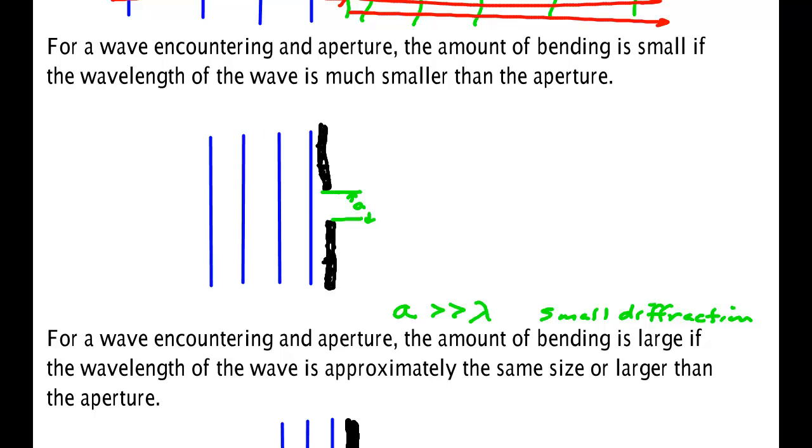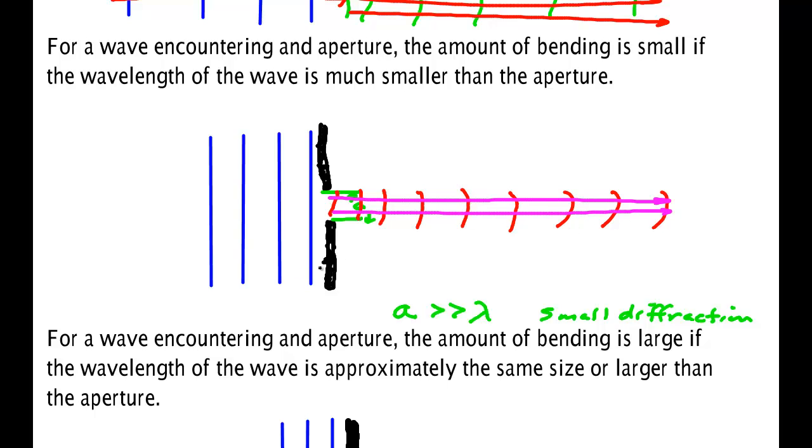So it's kind of like the wave just continues like maybe you would have thought it would have. Mostly it's just the original wave, but there is some small spreading. So the wave largely just continues, and this part of the wave is simply eliminated. So it's almost as if the wave just continued like that.